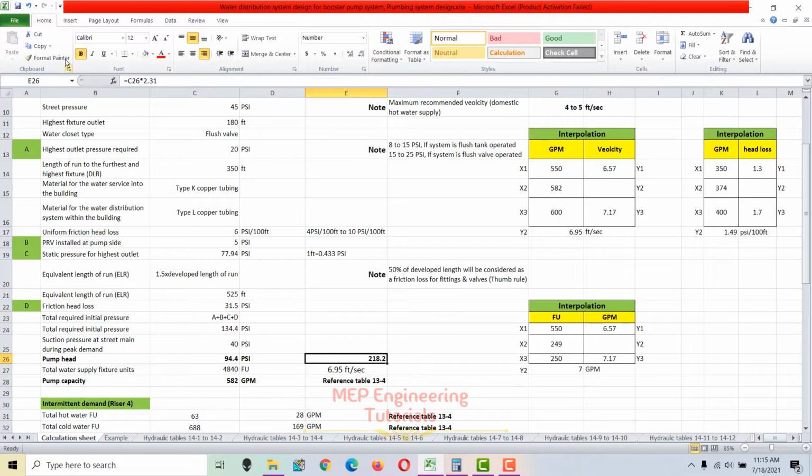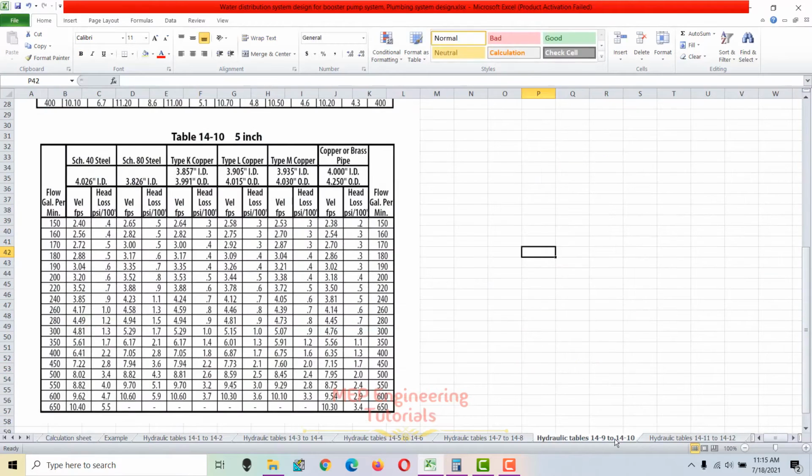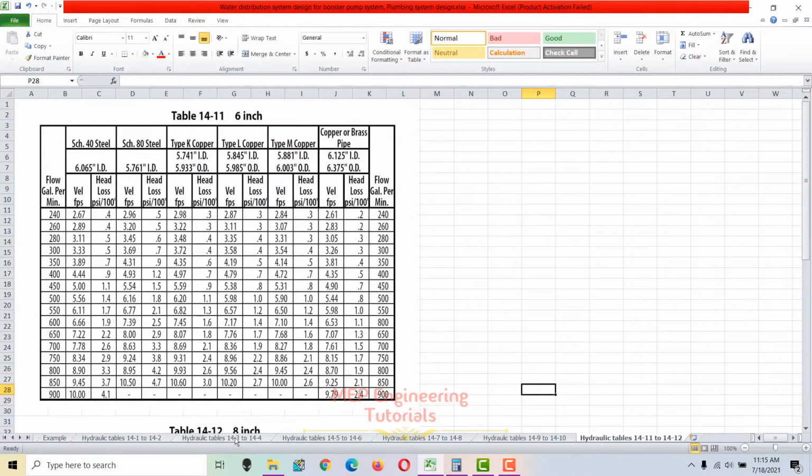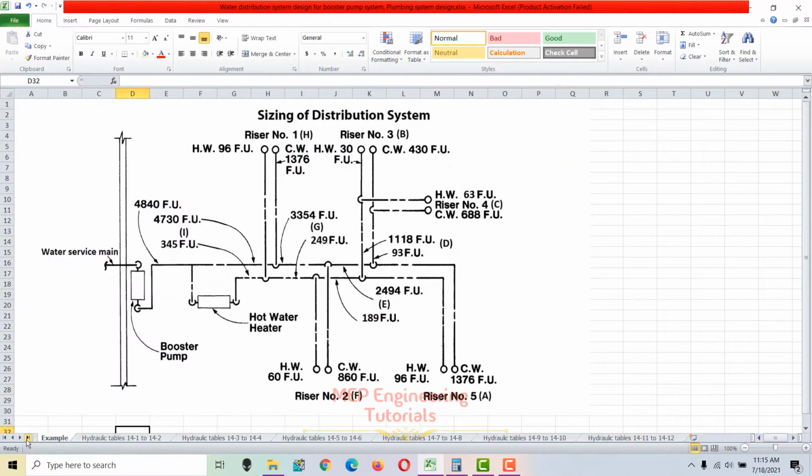So the velocity calculated here is 6.95 feet per second at 4840 fixture units, and the pipe size we selected is 6 inches.